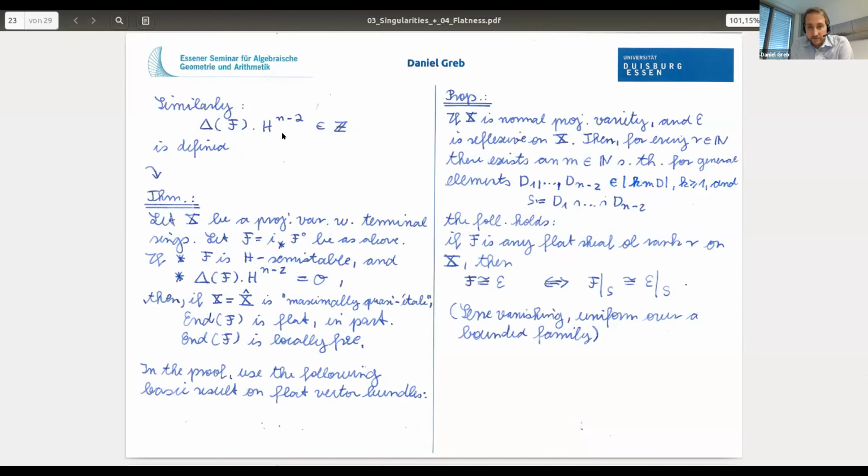If F is any flat sheaf of rank R on X, then F is isomorphic to E if and only if F restricted to S is isomorphic to E restricted to S.